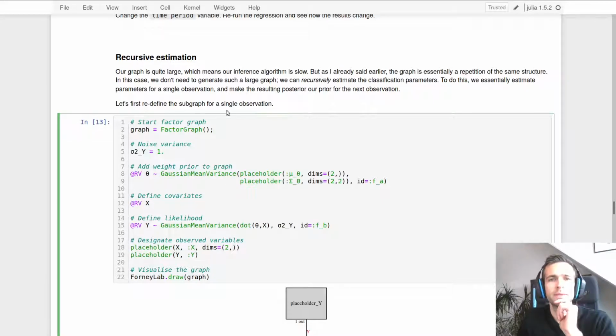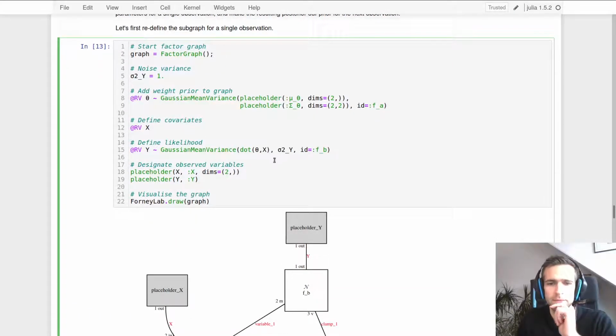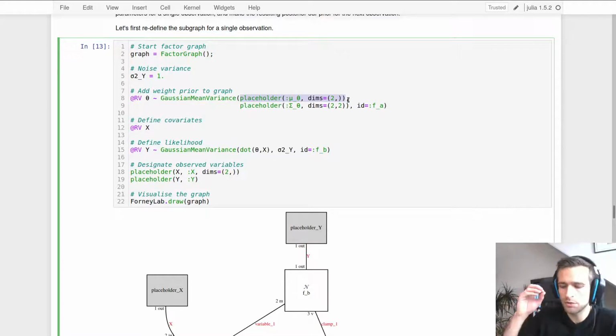So if we want to do some recursive estimation for this linear regression model, then we can define the same graph as I mentioned earlier. It is exactly the same graph, except that instead of clamping the parameters to the weight prior, I'm now using placeholders, which means that I'm going to feed in data. We'll see this a bit later on: the first placeholder values are going to be the prior parameters that we initially specified, so zero mean and identity covariance matrix.